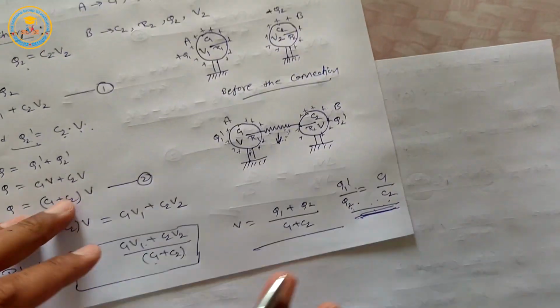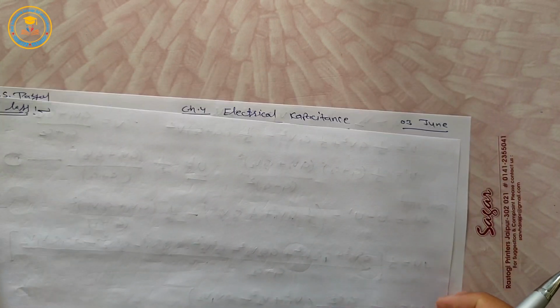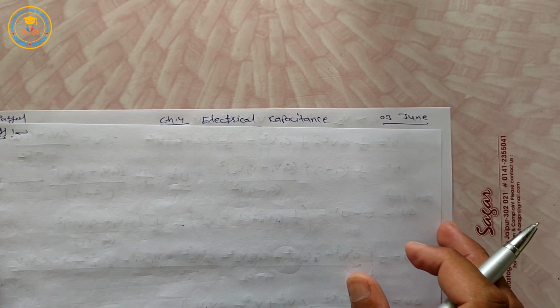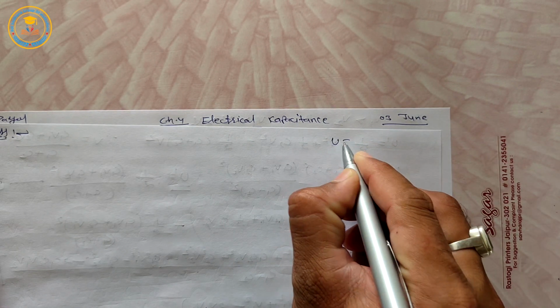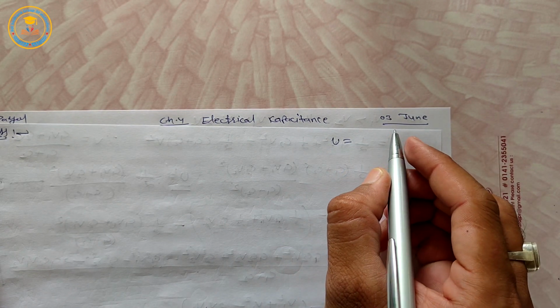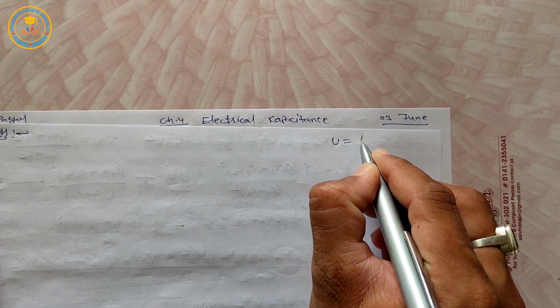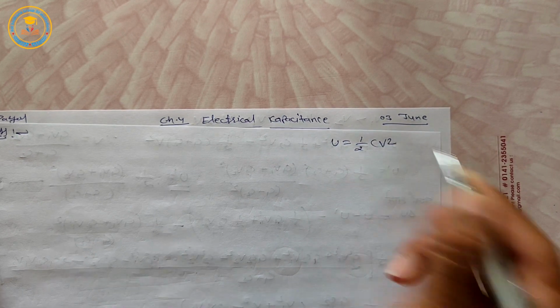Okay, in a previous video we studied the stored energy of a conductor, which in the form of capacitance and electric potential is U equal to 1 by 2 C V square.